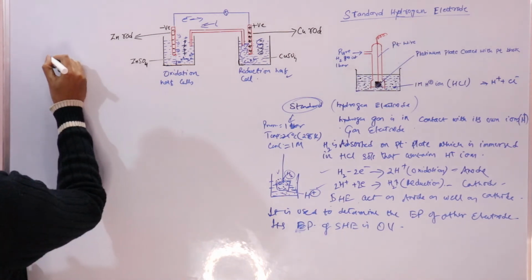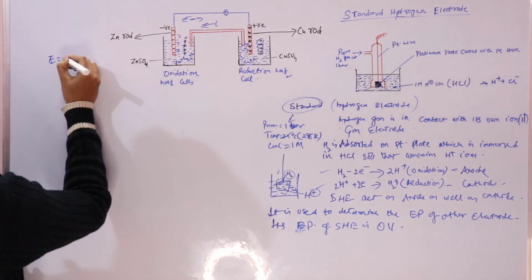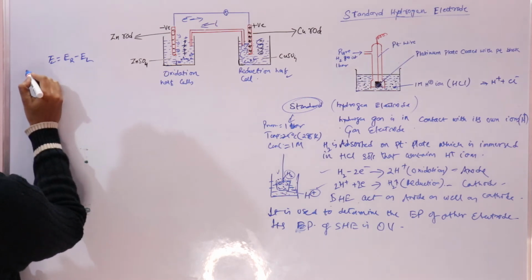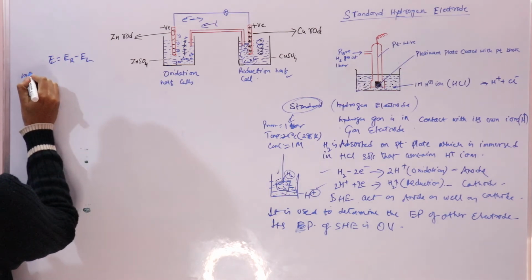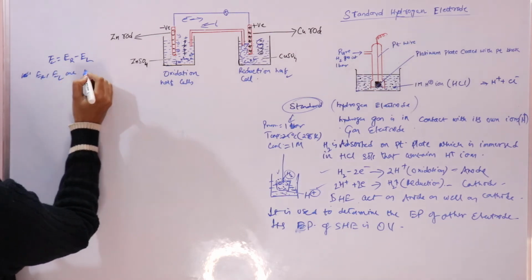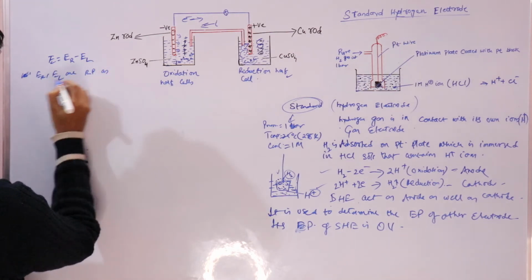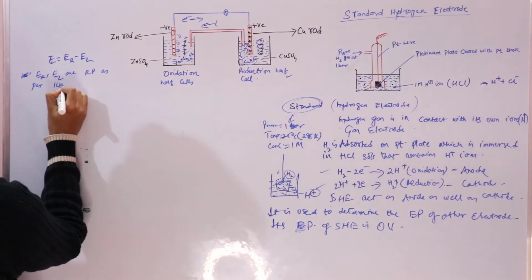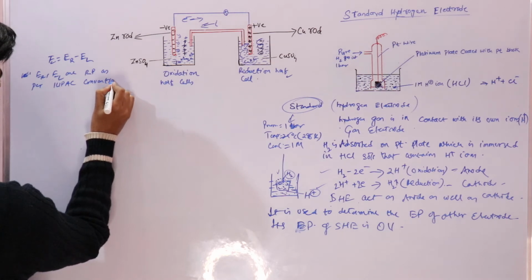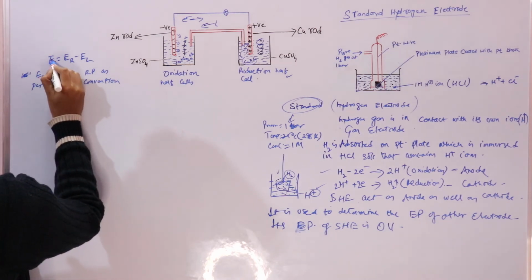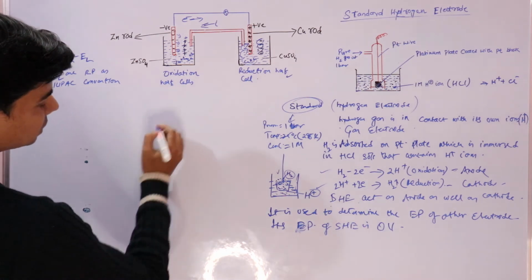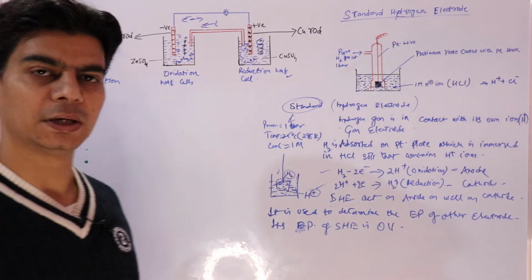We know that the EMF of an electrochemical cell is ER minus EL, and ER and EL are reduction potentials as per the IUPAC convention. Suppose we want to determine the standard electrode potential of a zinc electrode.